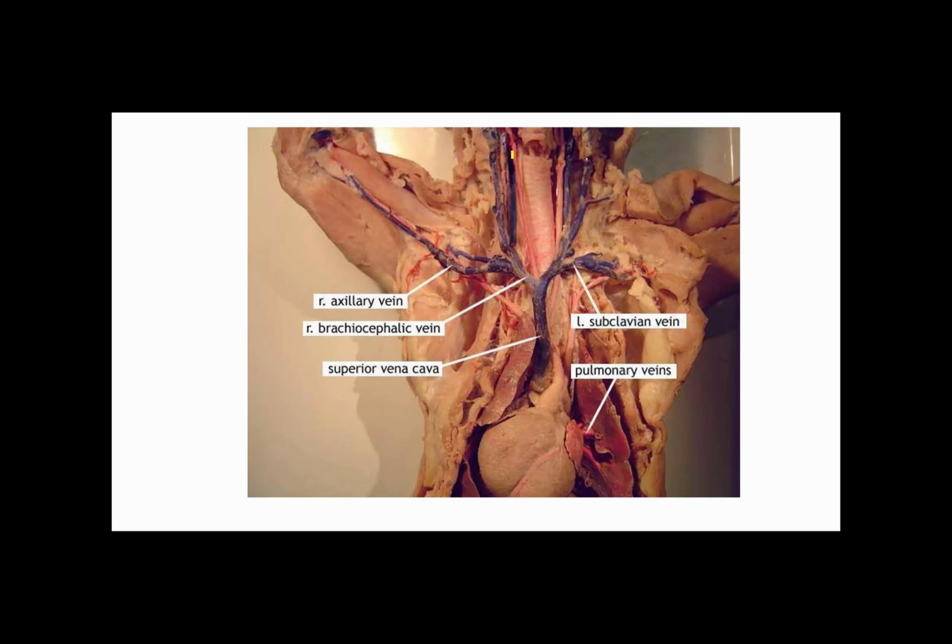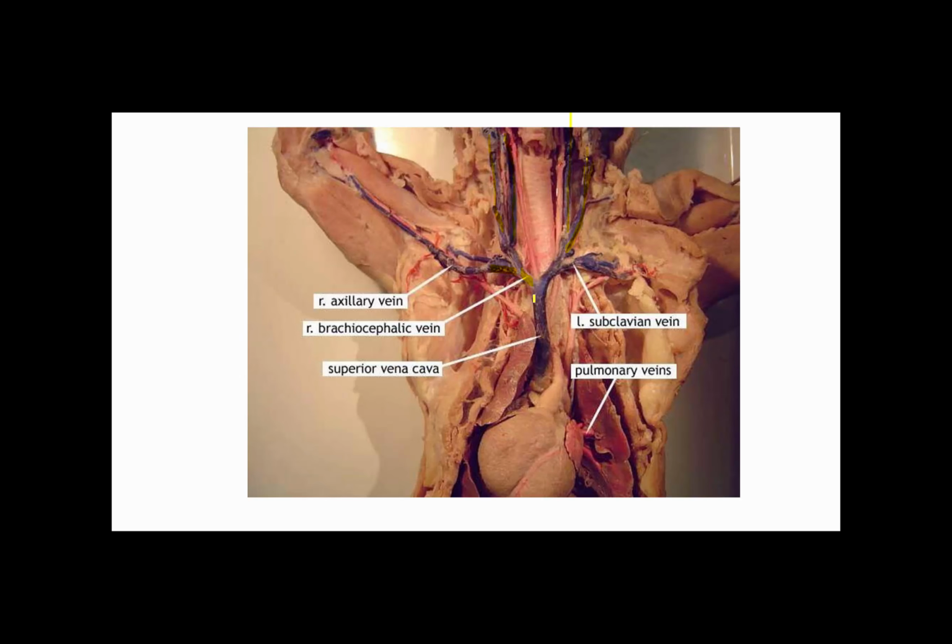So another cat picture, we can see the right external jugular vein, the right internal jugular vein. Over here would be the left internal jugular vein and the left external jugular vein. When that external jugular vein dumps into the subclavian vein, then the name of that vessel is now becoming the brachiocephalic vein.